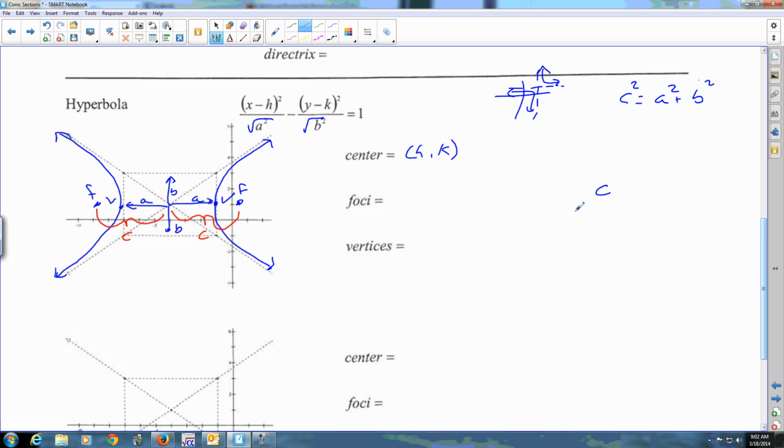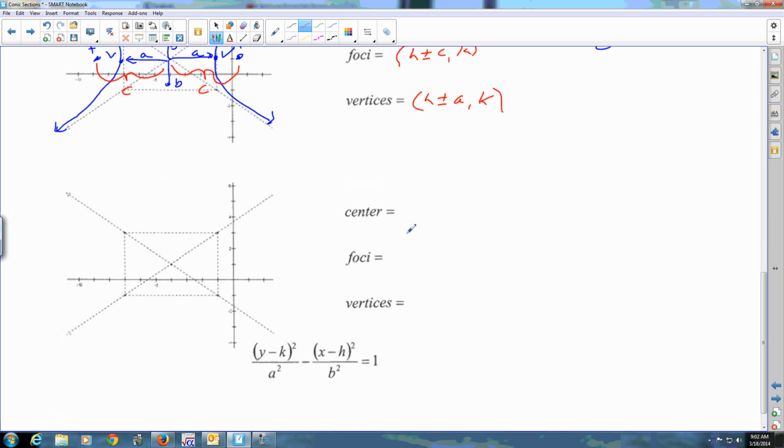If it opens in the x direction, the foci are going to be (H plus and minus C, K), and the vertices are going to be (H plus and minus A, K).